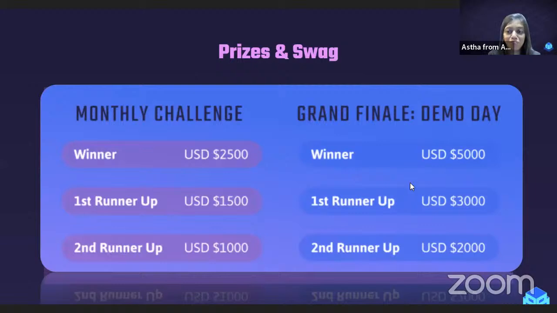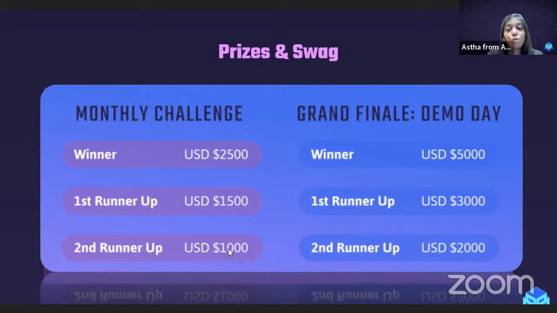And now something very interesting. If you have missed the first challenge month, absolutely no worries, because we have not one, not two, but 4 sets of prizes to be won. That's right. Each of our monthly challenge winners gets the monthly prizes. The winner gets USD 2,500 as a team. The first runners up gets USD 1,500 as a team, and the second runners up gets USD 1,000 a team.